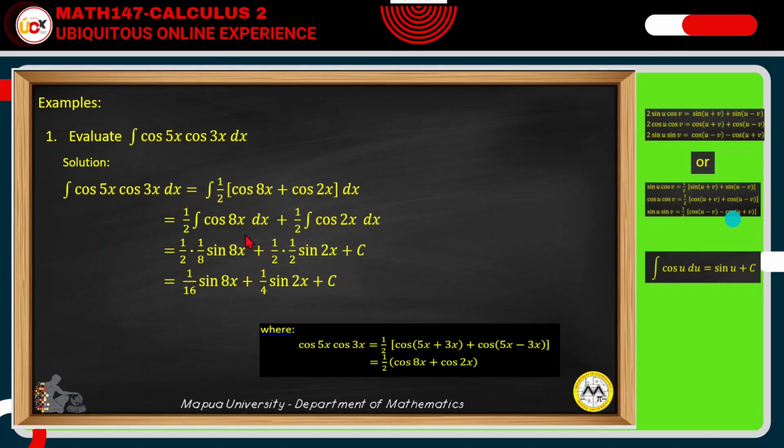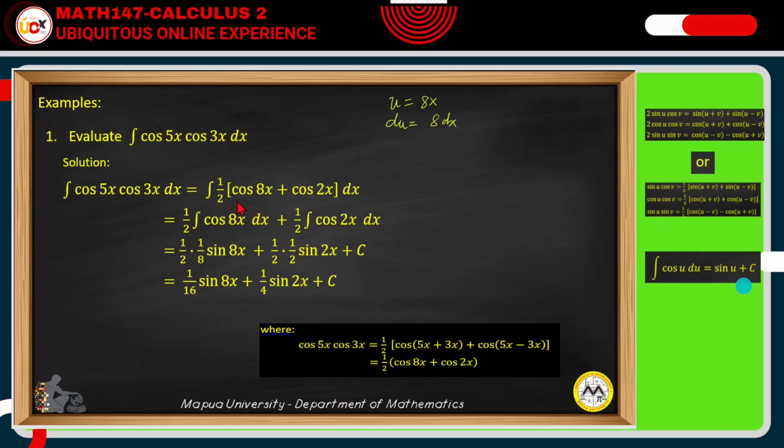But recall that the integral of cosine u du is sine u plus the constant c, where u here is 8x. So we let u be 8x. Then we take the differential of both sides, so we have du equals 8 dx.